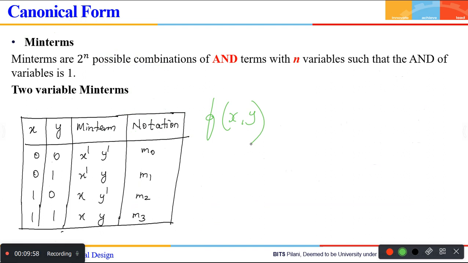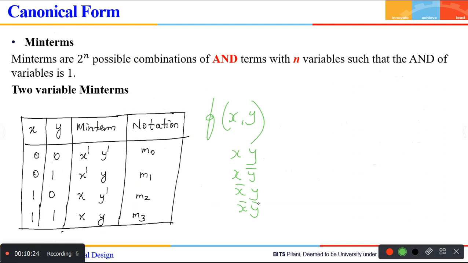They are xy, x y bar, x bar y, x bar y bar. I can have an equation which is a combination of these four terms. These terms are called min terms.